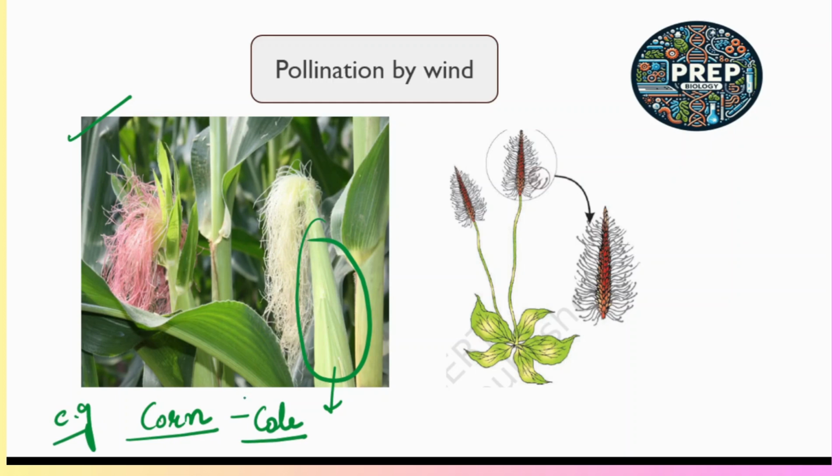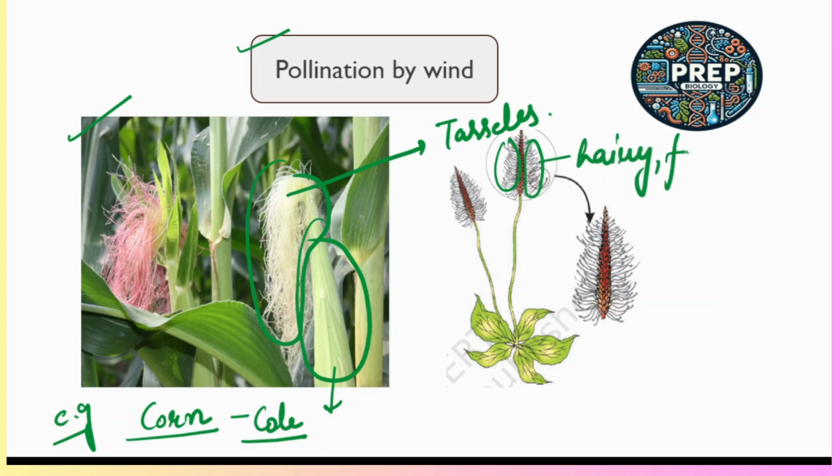The corn cob is the major example under the pollination by wind, because if you see the tassels, these are called the tassels. The tassels of the corn cob are hairy, feathery in nature.